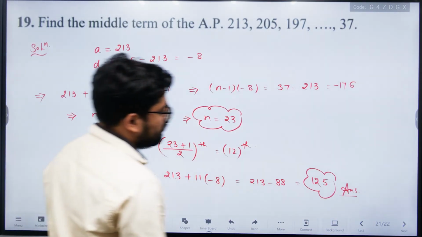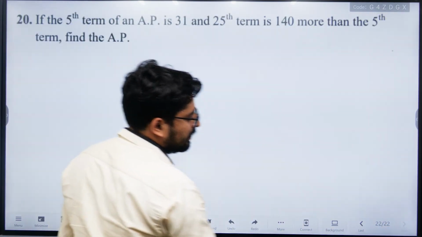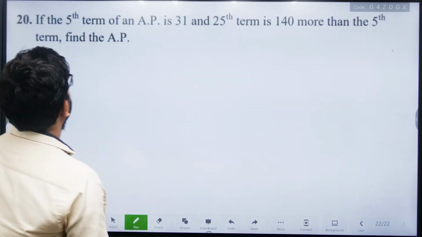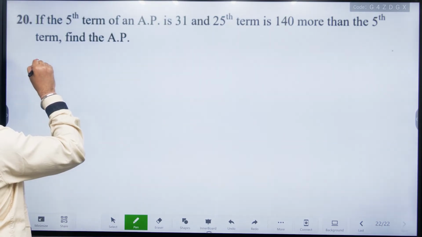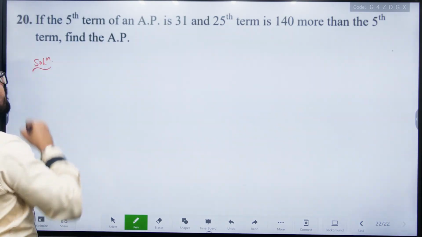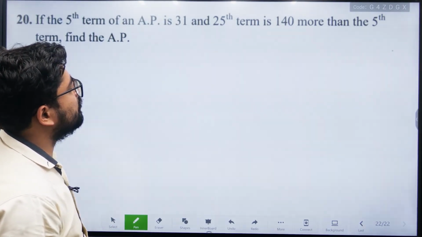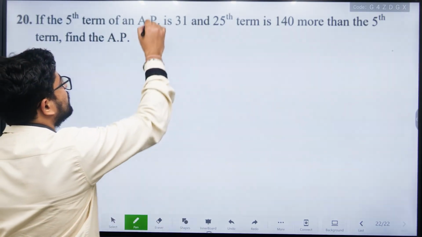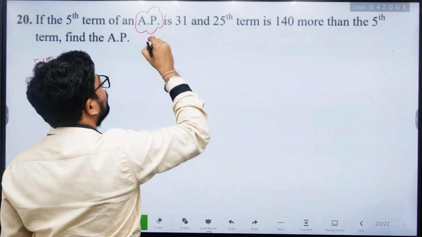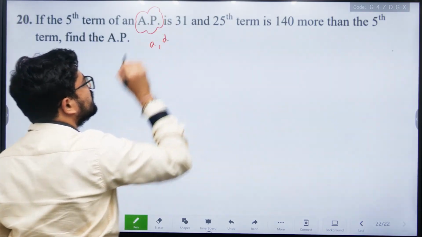Now next, the last question of this assignment. The fifth term of an AP is 31, and the 25th term is 140 more than the fifth term. Find the AP. Let's say again for the given AP, the first term is a and the common difference is d.